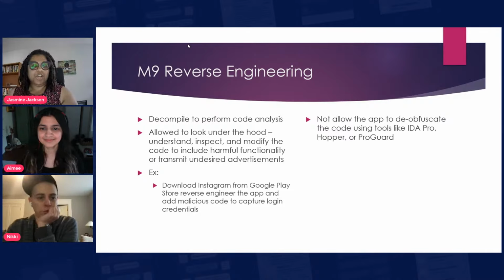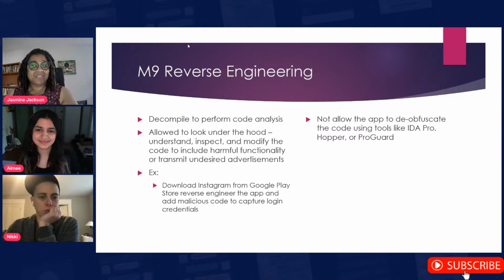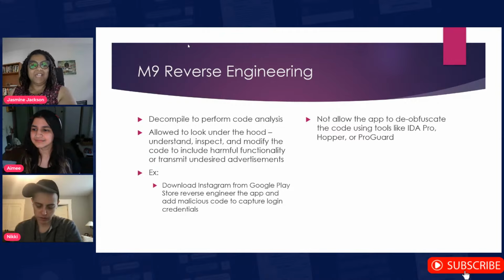I really didn't show it, but deobfuscating by hand or manually can take months. That's a long time, so you will want these tools to aid you as much as they can. So that's the remediation: not to allow deobfuscation.